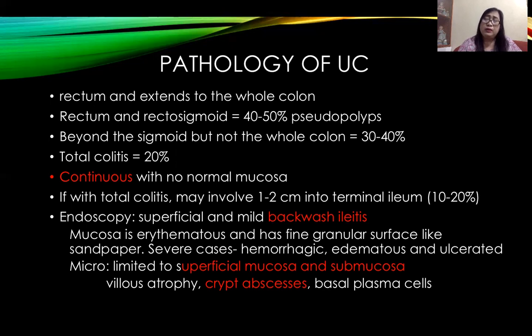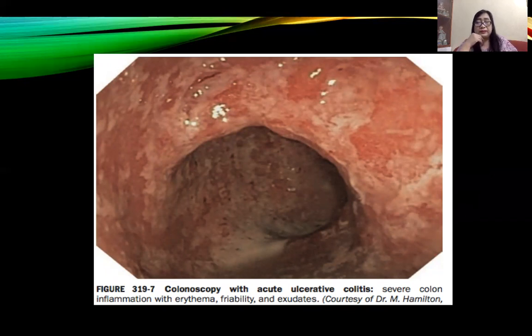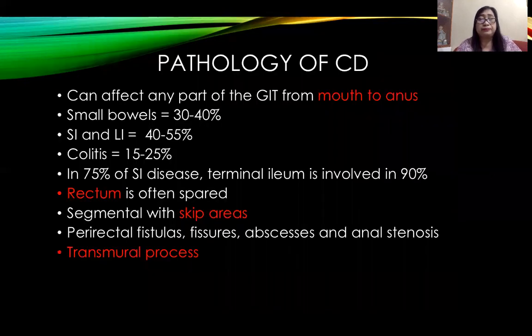You may also appreciate bullous atrophy, crypt abscesses, and basal plasma cells. So this is an example of your ulcerative colitis. You see that there is a severe colonic inflammation with erythema and friability, and you may see exudations during colonoscopy.